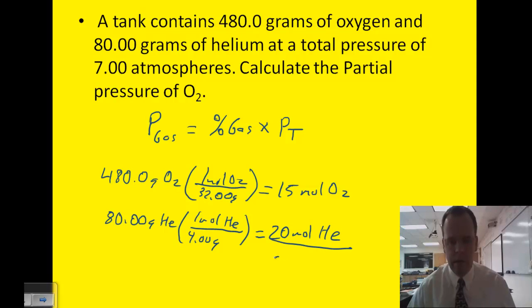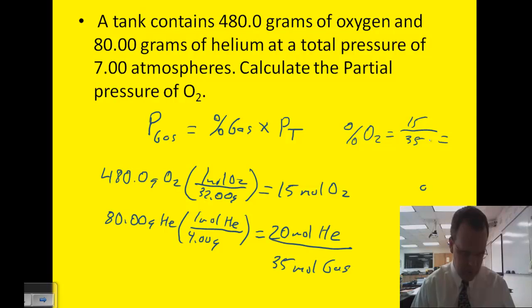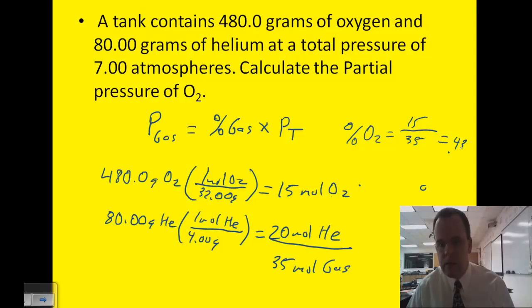So our total is 35 moles of gas. So the percentage of oxygen will be 15 divided by 35, which is 0.43. Multiply by 100, you get 43%.